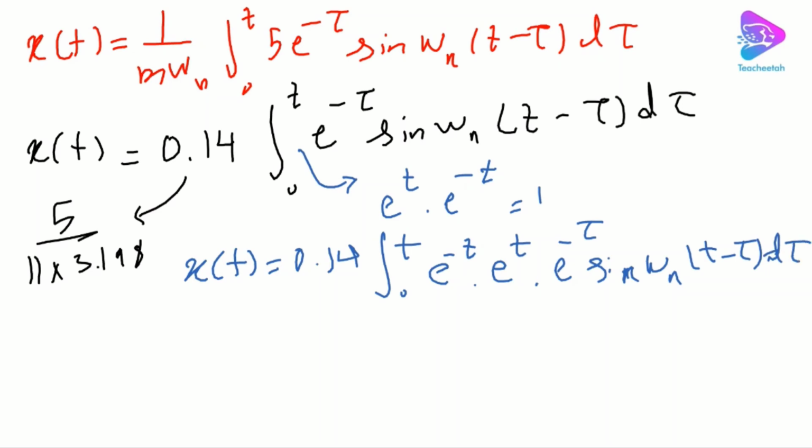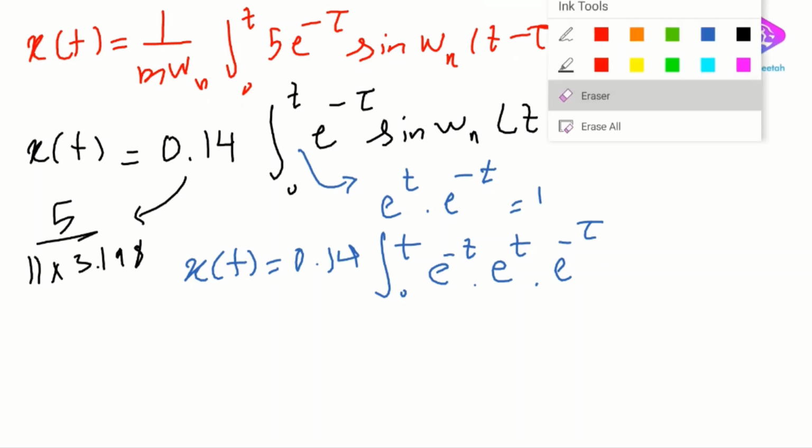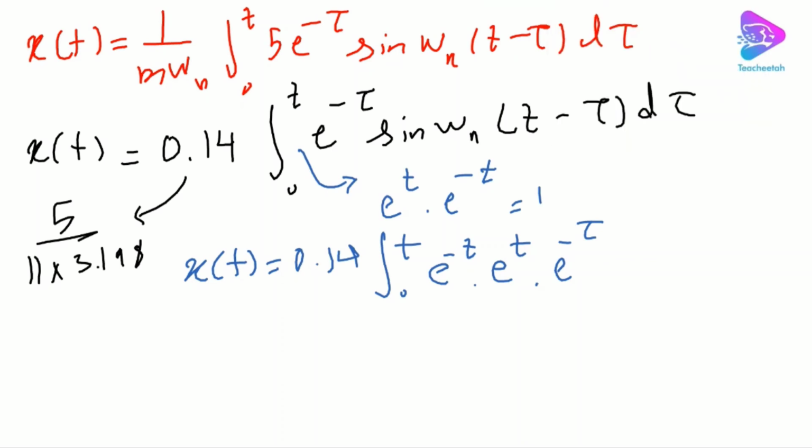I hope you understand what I did. So let me make it a little bit clearer. I rewrite it just for better representation. So we have sine omega n (t minus tau) d tau, right?